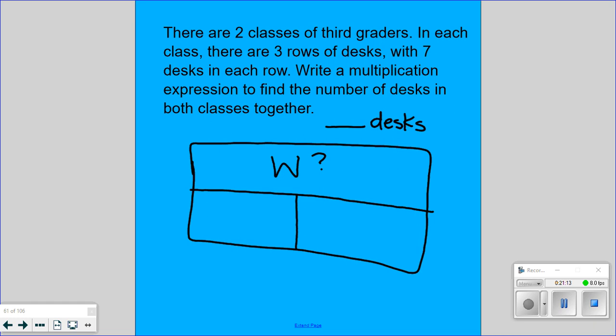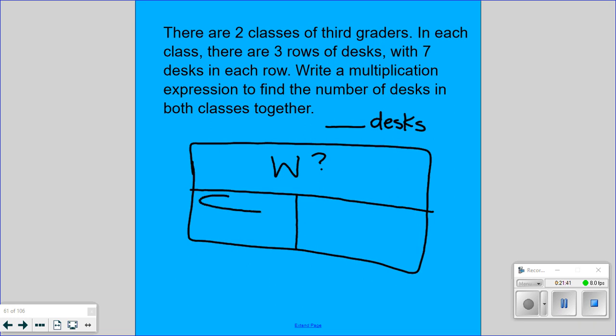Zach, what are you thinking? There's 7. Does it say there's 7 desks in each class? You guys are on the right track, but we're missing some information. Macklin? There's 3 rows, and each row has 7 desks. Yeah, so we got to do our rows first.